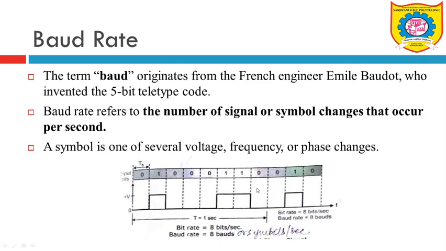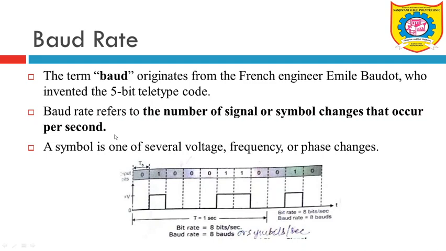The next important term is baud rate. The term baud originates from a French engineer, Emile Baudot, who invented the 5-bit teletype code. The baud rate refers to the number of signal or symbol changes that occur per second.